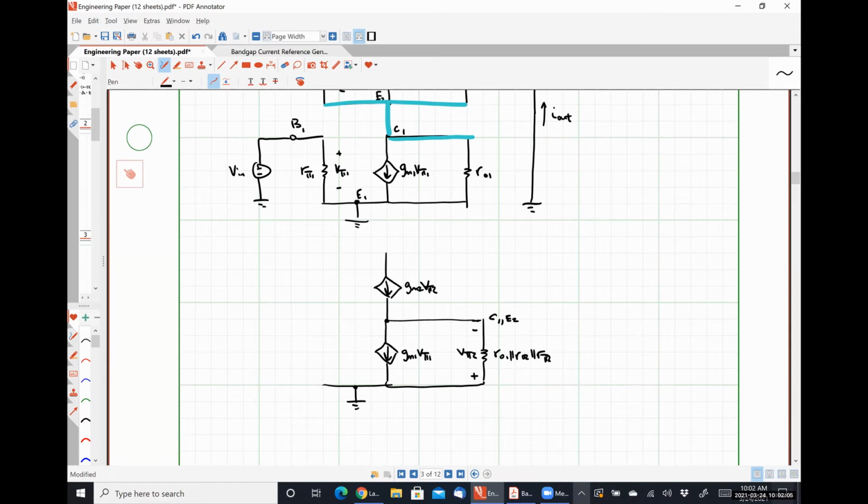This is my ground, representing where emitter 1, base 2, and collector 2 are.